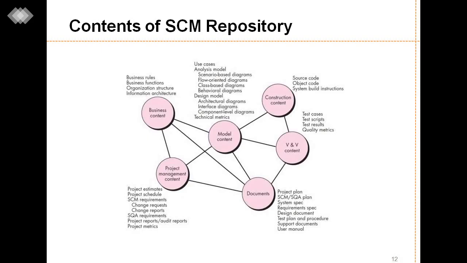The last is the documentation, which is based on the project plan, SQA and SCM plans, system specifications, requirement specification, design document, test plans and procedures, and also support documentation and user manuals. So these are the contents on which SCM depends and how they are correlated with each other.